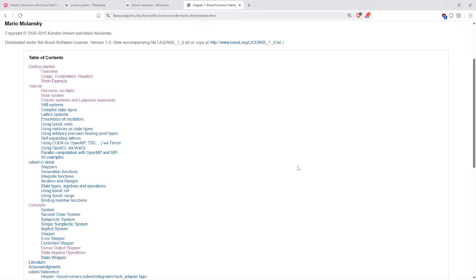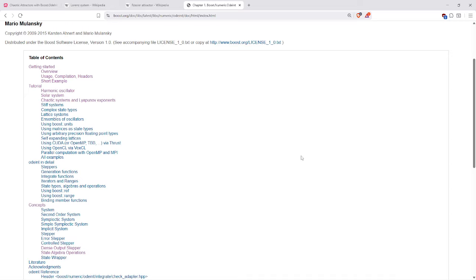I've also got the Boost.odeint library as a submodule in my repository, and I've built a couple of examples out of the repository. The ones that needed minor modifications, I've just copied into my repository and made the modifications there. So you can get an idea of how that looks.